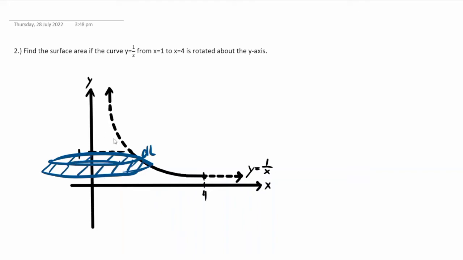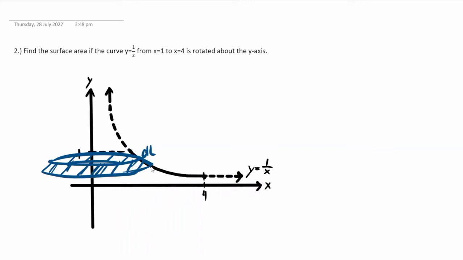And from here is going to be the opening of our shell. Just like that. Now let's remove that. This is all we need for now.